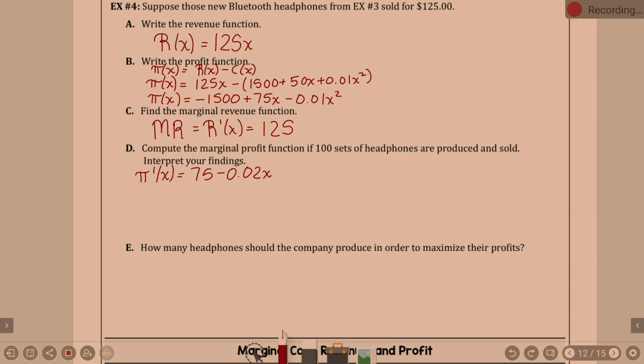And what did they ask us to do? Compute the marginal profit function if 100 sets of headphones are produced. So now we're going to plug in the 100, which is 75 minus 2/100ths times 100, which is... oh.